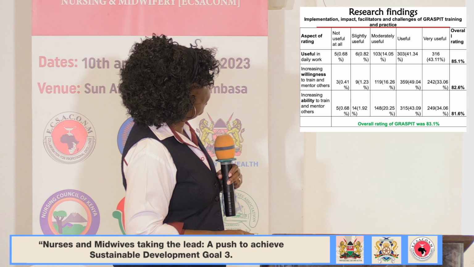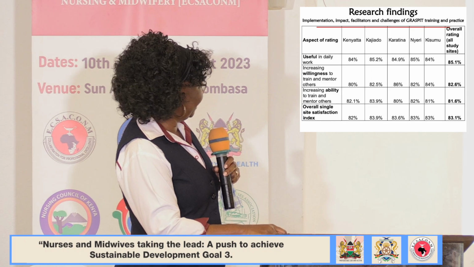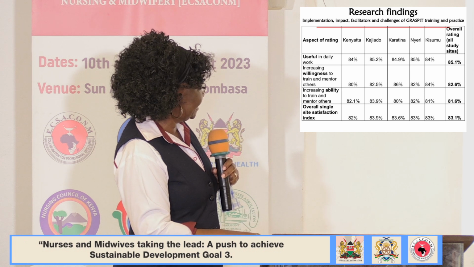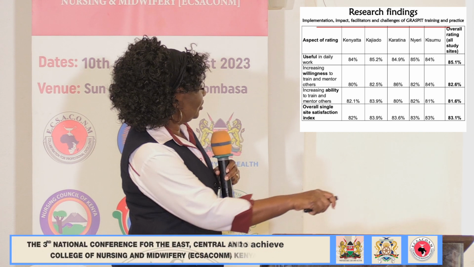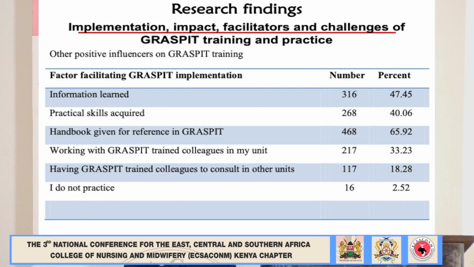We also were looking at its usefulness in the workplace. We looked at the willingness, and you can see the scores. This is the overall score. I suggest you interact with this after this. I hope they will be available on our website.